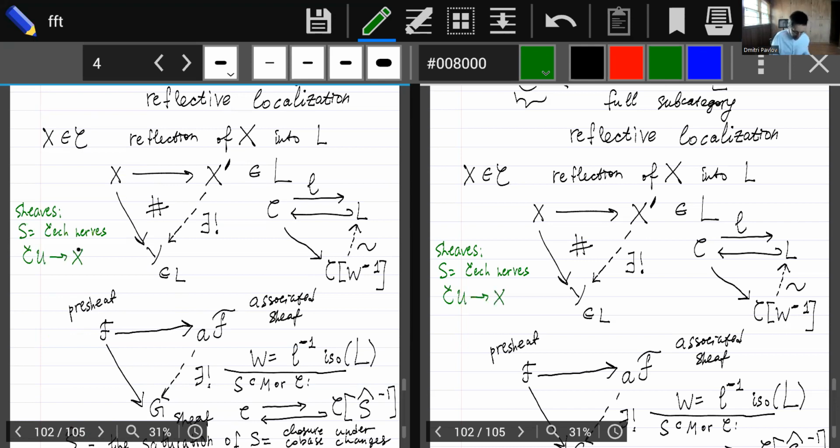So if U is a cover of X, then if you may recall, a few lectures ago, we talked about Čech nerves and how they detect compatible families on U, and that's what we will end up using.